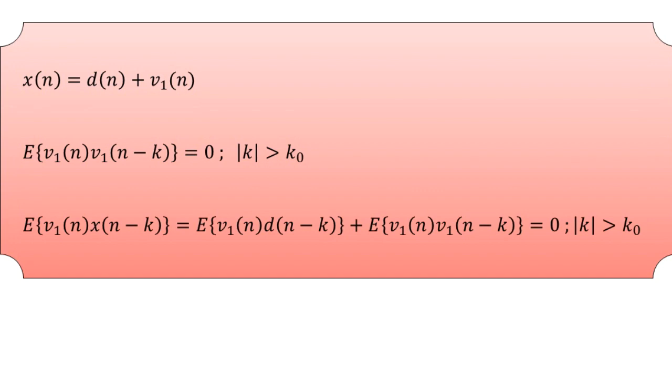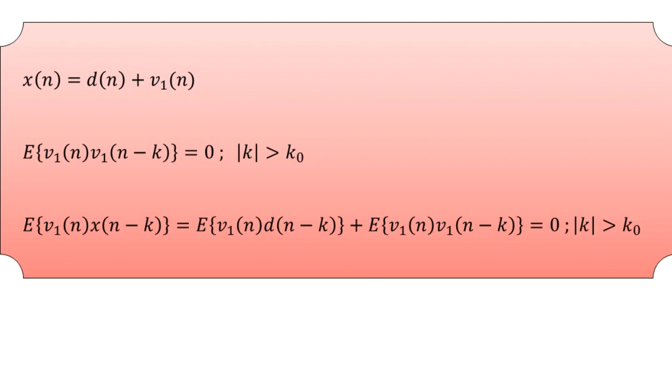The first term is the expected value of v1 of n into d of n minus k, whereas the second term is the expected value of v1 of n into v1 of n minus k, and the addition of these two is equal to 0 provided mod k is greater than k0. So therefore if n0 is greater than k0, at that time the delay process can be denoted by x of n minus n0 samples here.